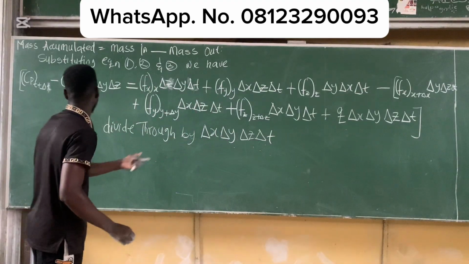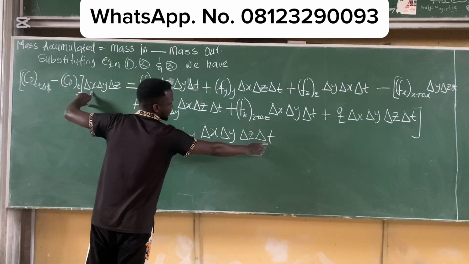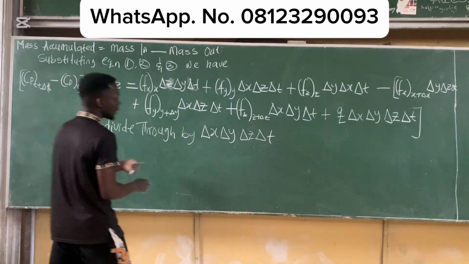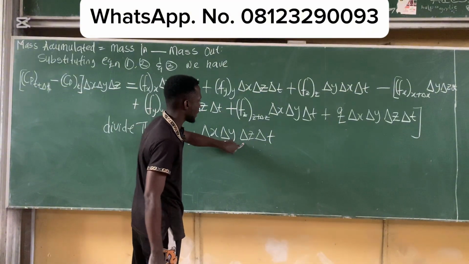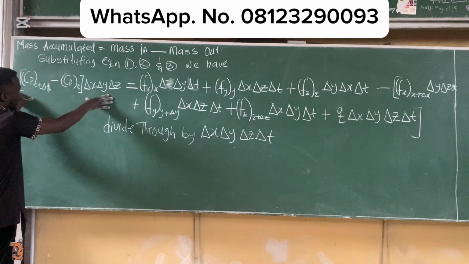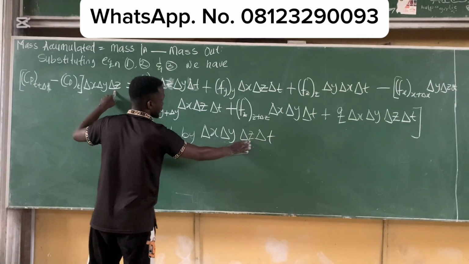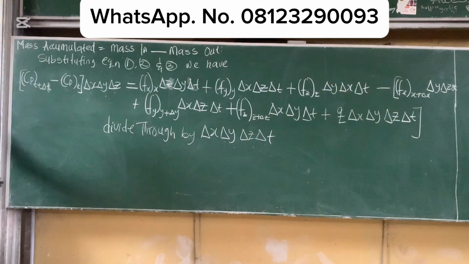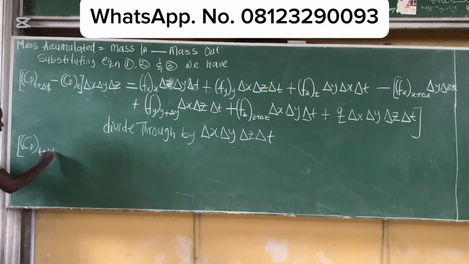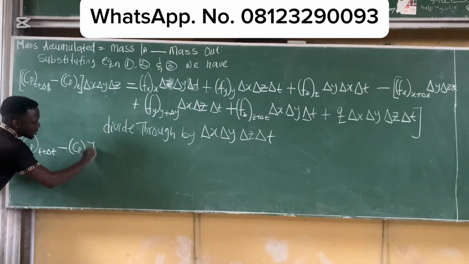So if we divide through by this, in this particular case, if delta x, delta y, and delta z, the t divided by this particular mass accumulated, the x will cancel the x, the y will cancel the y, the z will cancel the z. We'll be left with Cp at t plus delta t minus Cp at t.